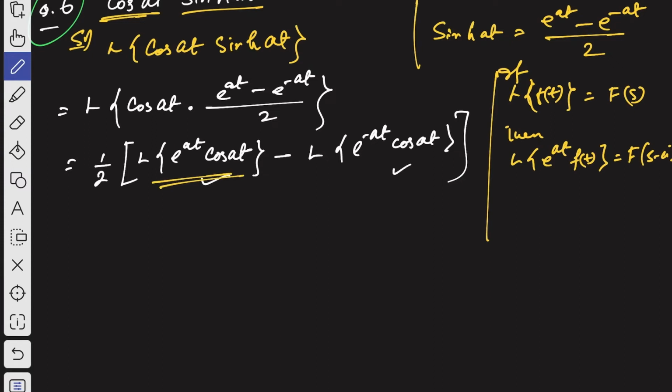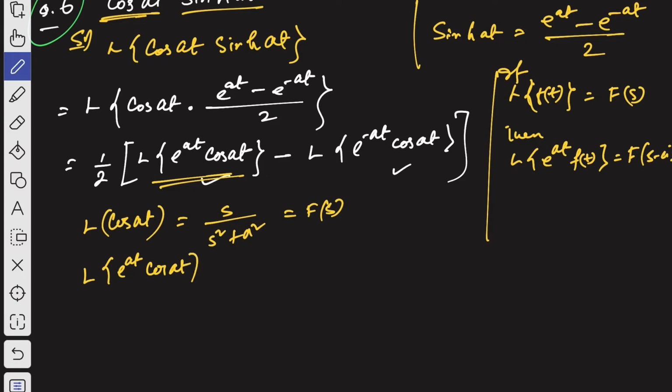So here in this case, for the first part, if you find the Laplace transformation of cos at, what you will get? You will get s by s square plus a square, right? So this is our, suppose, capital F of s. Then if you find Laplace transformation of e to the power at cos at, then according to this first shifting theorem, you will get s minus a by s minus a whole square plus a square. That's what you will get, right?